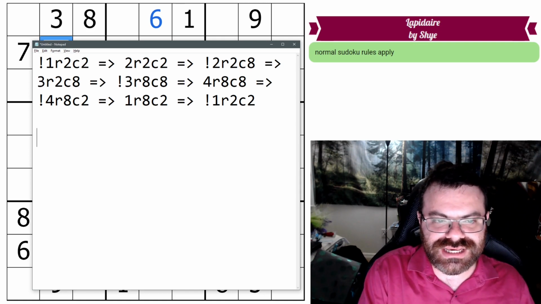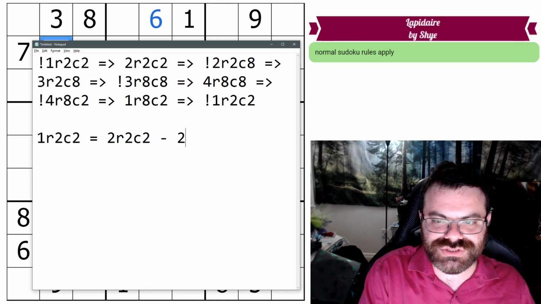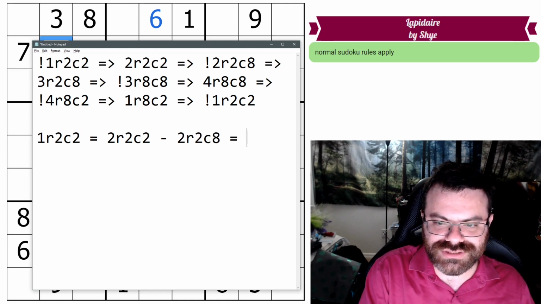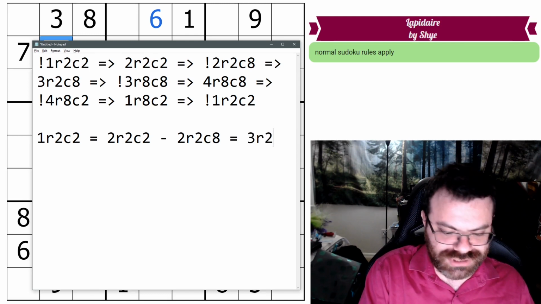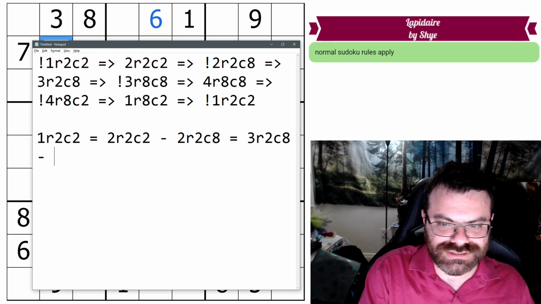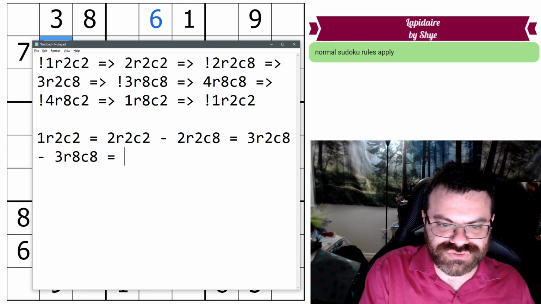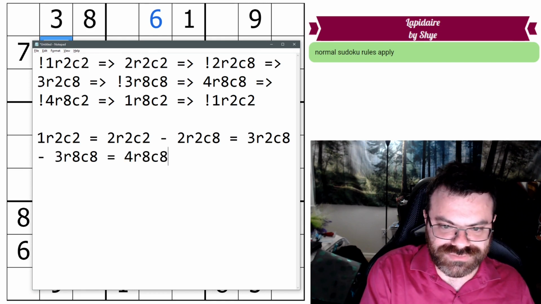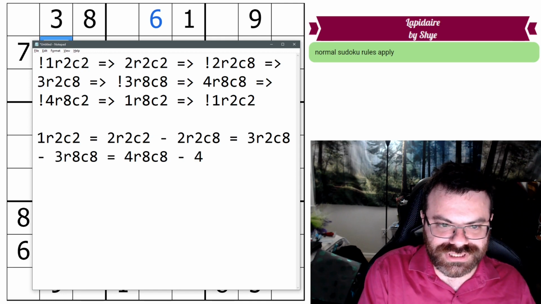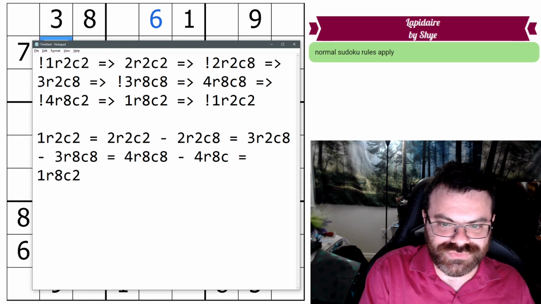So we could say 1 in row 2, column 2 has a strong link to 2 in row 2, column 2, which has a weak link to 2 in row 2, column 8, which has a strong link to 3 in row 2, column 8, which has a weak link to 3 in row 8, column 8, which has a strong link to 4 in row 8, column 8, which has a weak link to 4 in row 8, column 2, which has a strong link to 1 in row 8, column 2, which has a weak link to 1 in row 2, column 2.